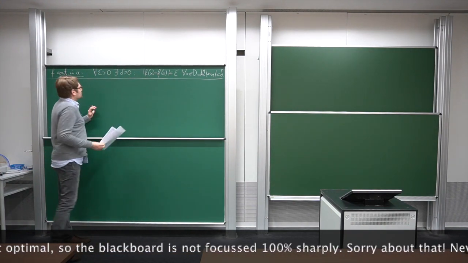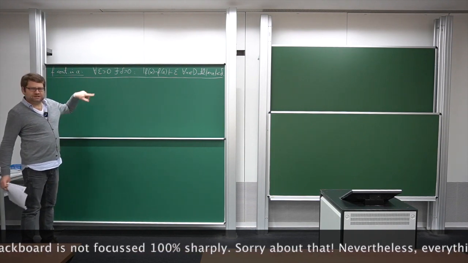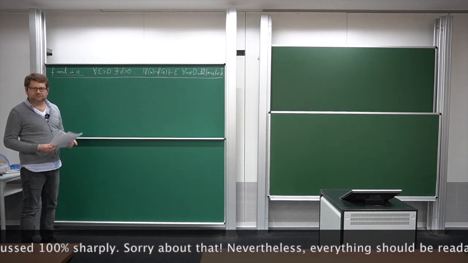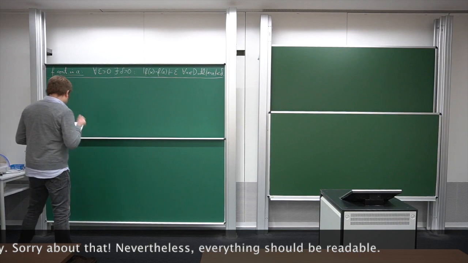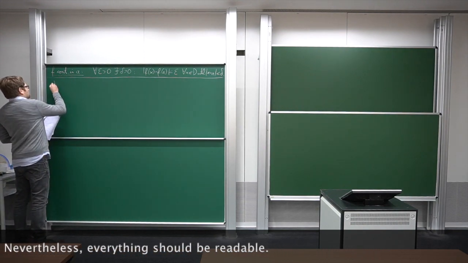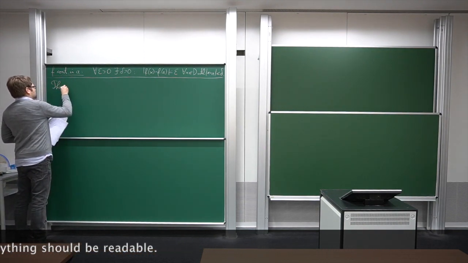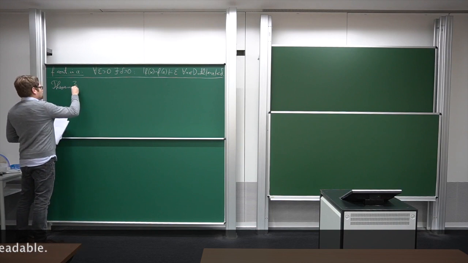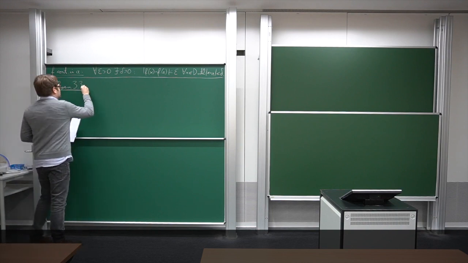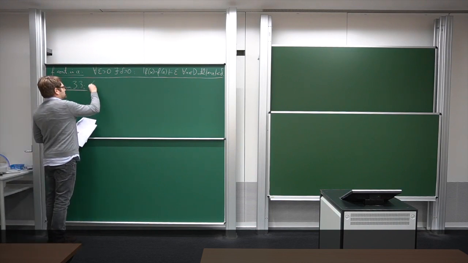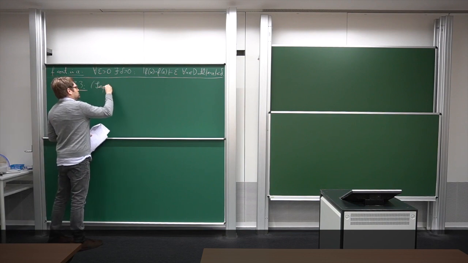Okay, this was the definition of continuity. I'll just leave this here as a reminder if you have to look up what continuity means. And as I've promised you, we now reformulate continuity via sequences. This is theorem C3, and this criterion for continuity is sometimes also called sequential continuity.